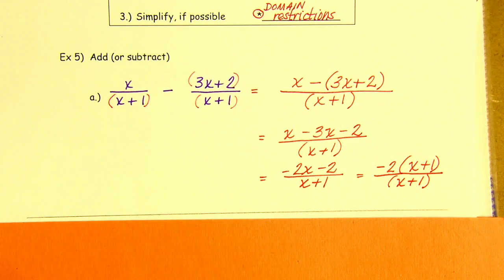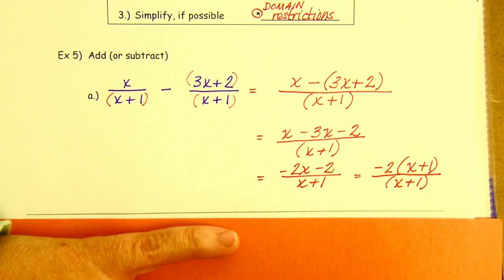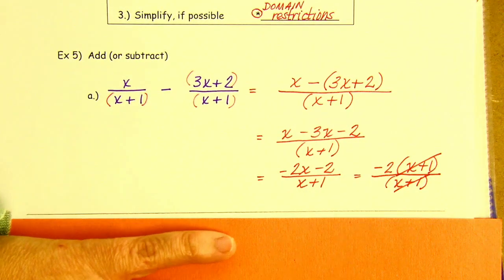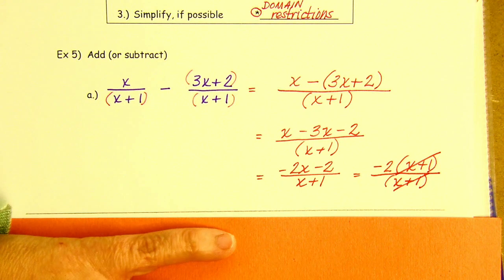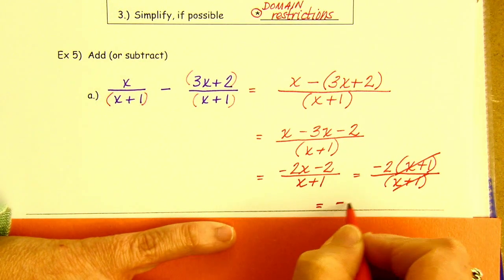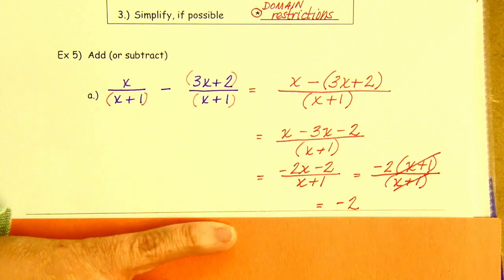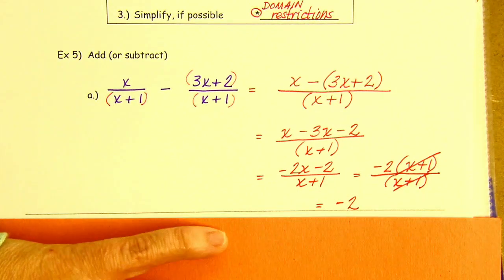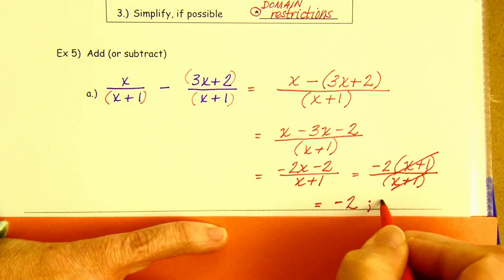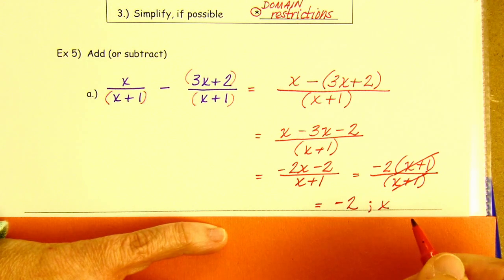And that simplify if possible part, well, it is possible because I have a common pair of binomials that I can divide out, one in the numerator, one in the denominator. My final answer here, simplified, is this expression will always equal negative 2, no matter what the value of x is, except when x is negative 1, right?